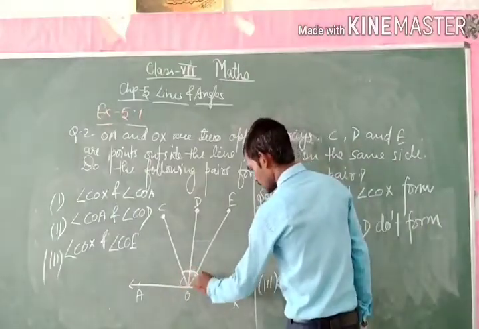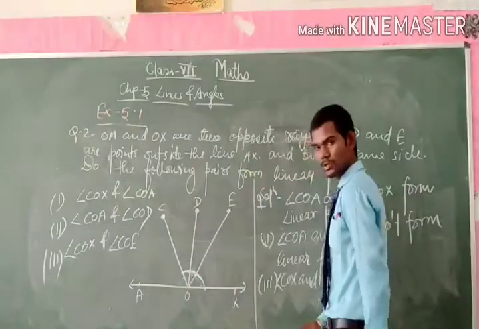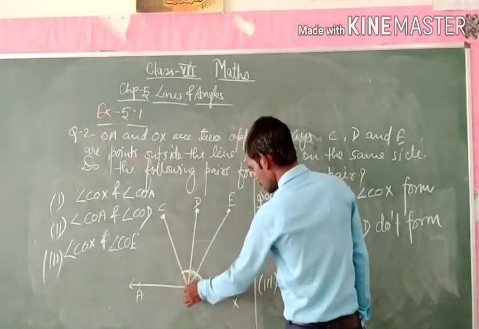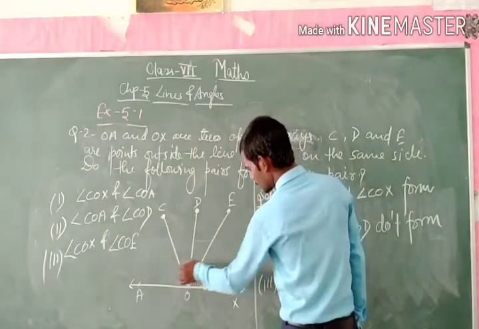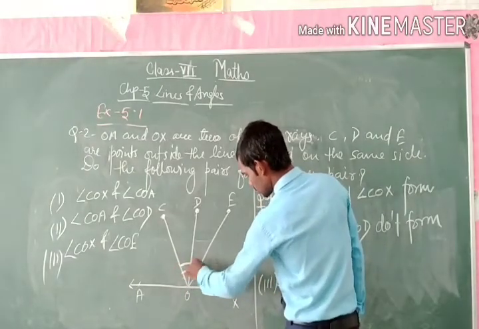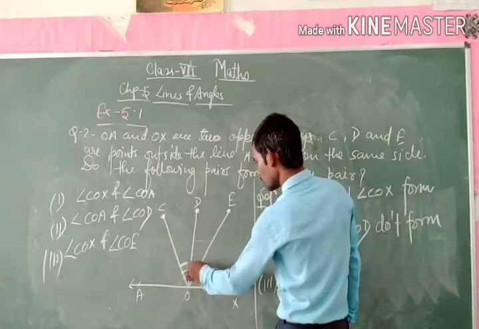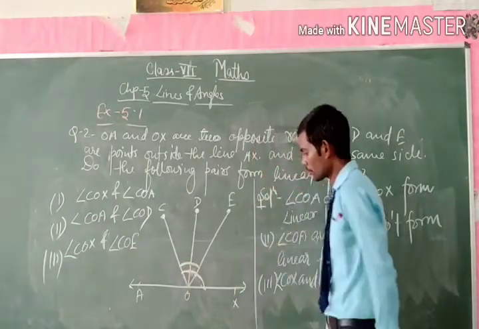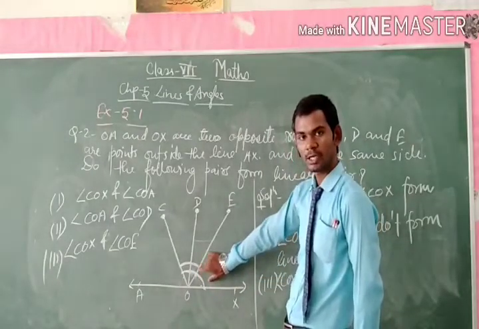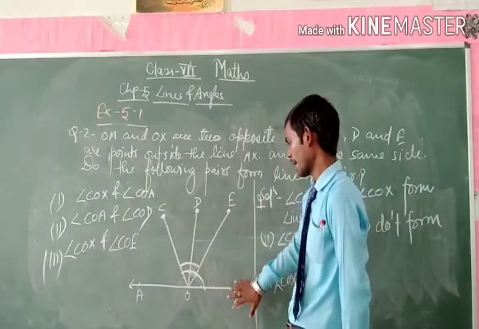COX means this complete angle, and COE, that is this angle. So we can see that only this is the extra angle formed by the ray OX.